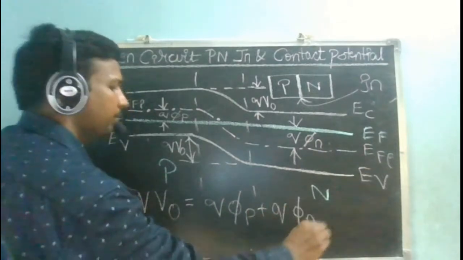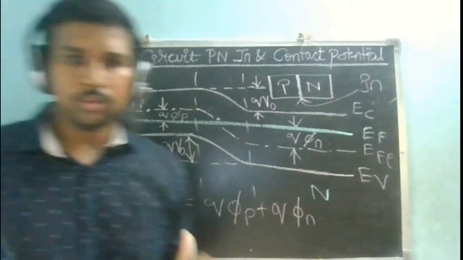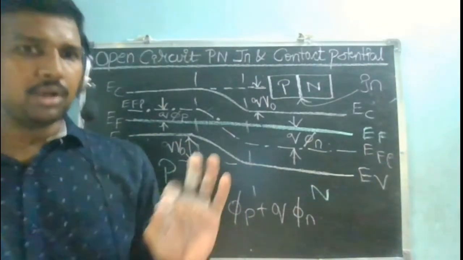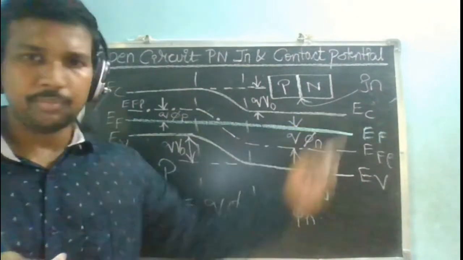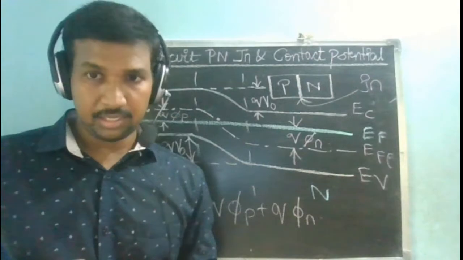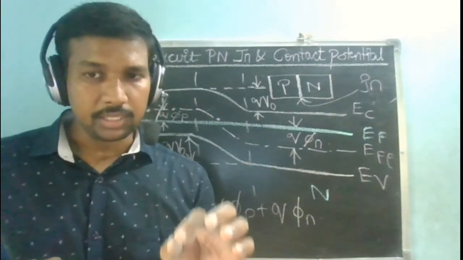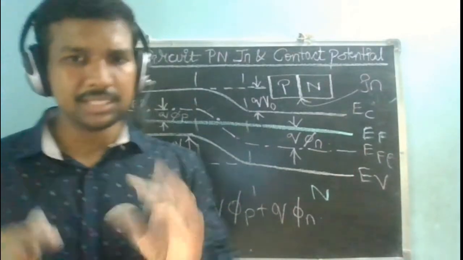Sir, actually EFi should be in alignment, no, sir? No. Whatever the concentration, EFi will always be in between your EC and EV, whether it is N type or P type. EF is going to vary. EFi is representing the Fermi energy level in an intrinsic semiconductor.